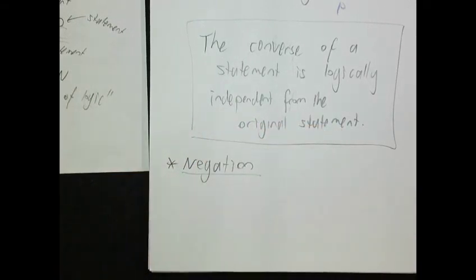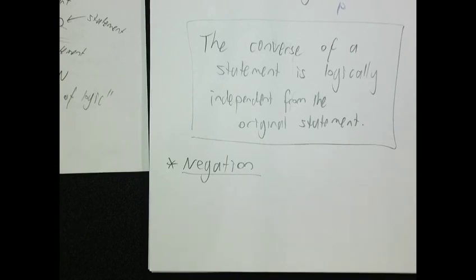So negation is a process that you can perform on a sentence, and in English, sometimes you do it by adding a don't, sometimes you do it by adding a not, or removing a not if it's already got a not. So negation means creating the opposite, so everything else except that statement.